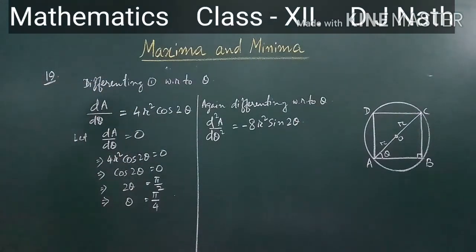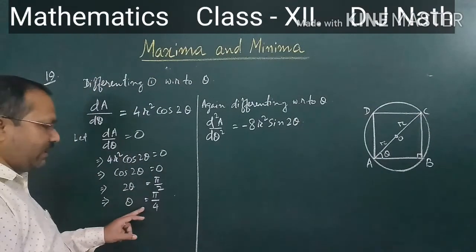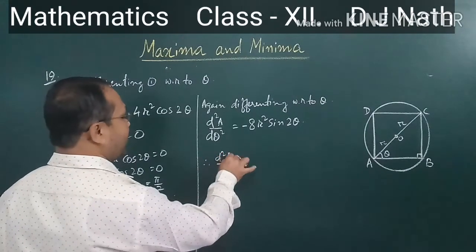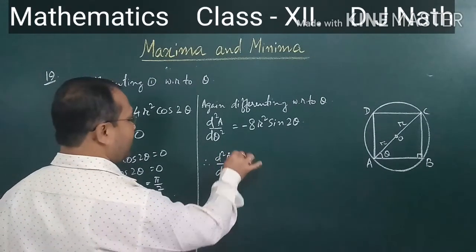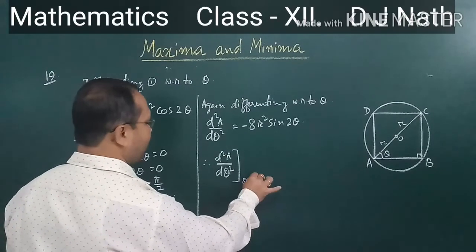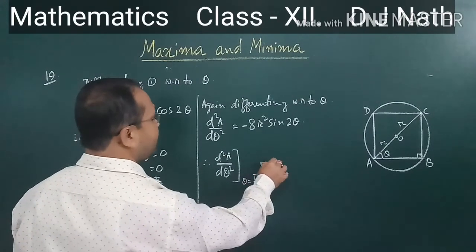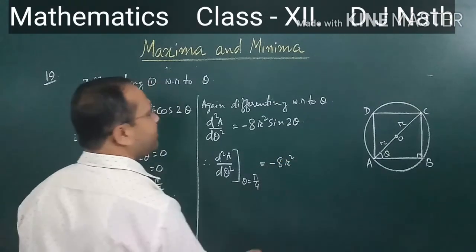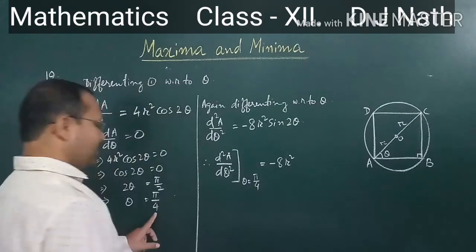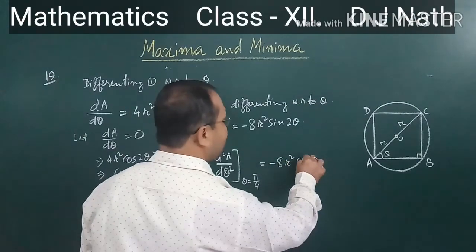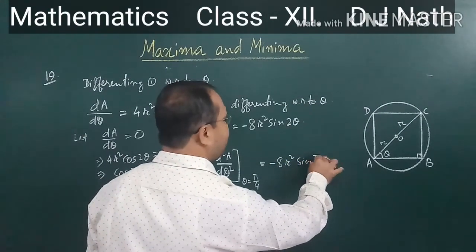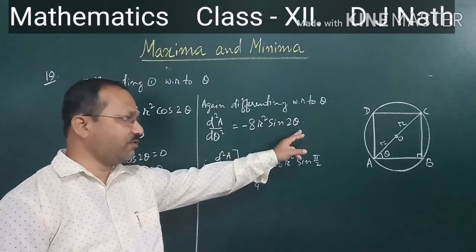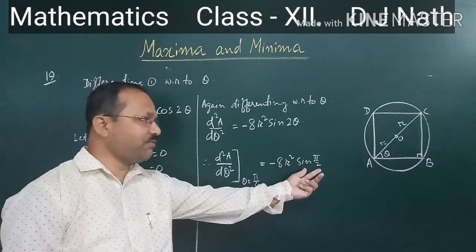Now when theta is pi by 4, d square A by d theta square at theta equal to pi by 4 is minus 8r square sin pi by 2. Here 2 theta is 2 into pi by 4, which is pi by 2, and sin pi by 2 is 1.